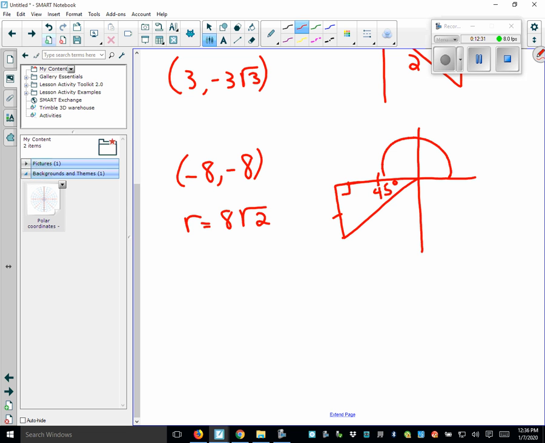So what is this angle? 5 pi over 4, or 225. I will take it in radians or degrees. So my answer is 8 radical 2, 225 degrees. Easy.